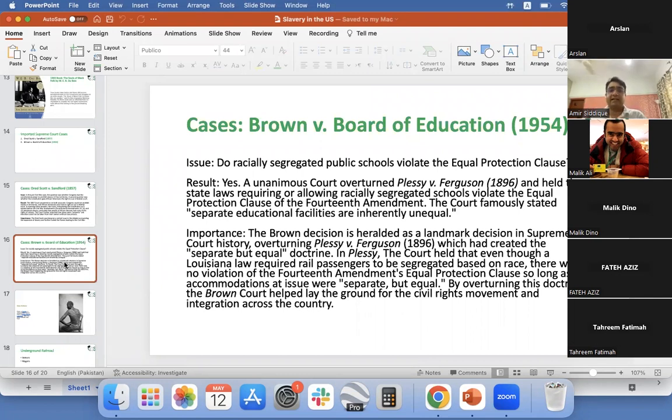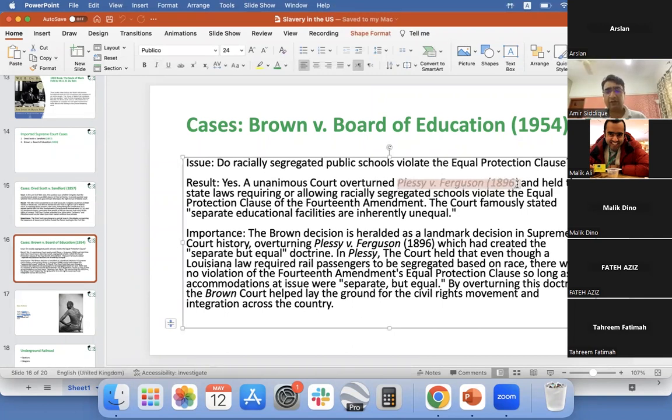The background is that in 1896, there was a Plessy versus Ferguson case where the Supreme Court held that African Americans should have a separate but equal education system and facilities, public spaces, separate classrooms, separate schools, separate cars in a train, and so on and so forth.